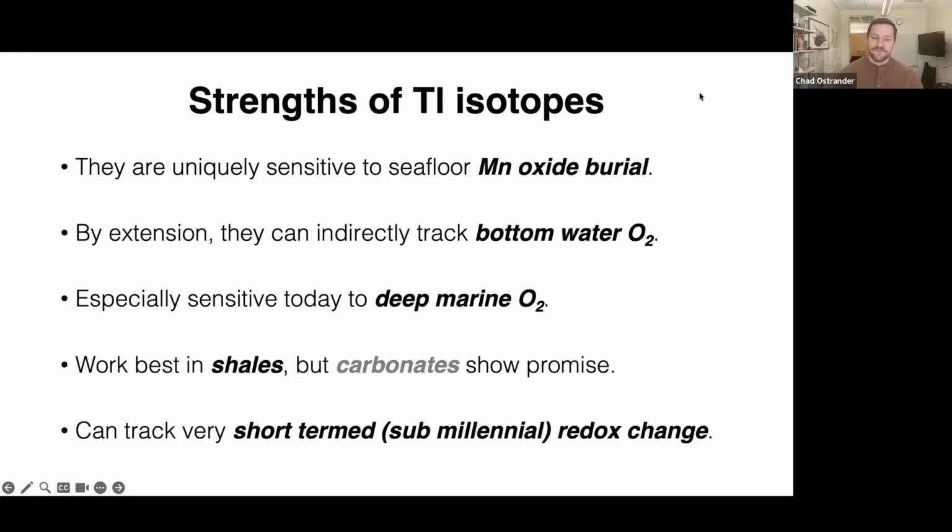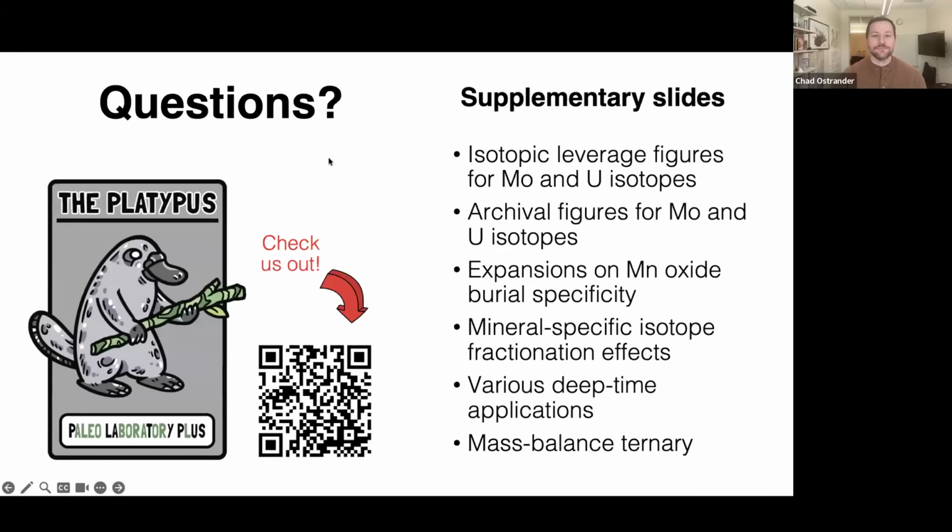They are especially sensitive today, based on what we've gathered from modern settings, to not just bottom water oxygenation anywhere, but perhaps bottom water oxygenation in the deepest depths of the ocean, the sediments that cover the vast majority of the ocean floor, deep ocean sediments. They work best in shales, but they also work in carbonates, and we're working through that. And they can, in some circumstances, track really short-term submillennial redox change.